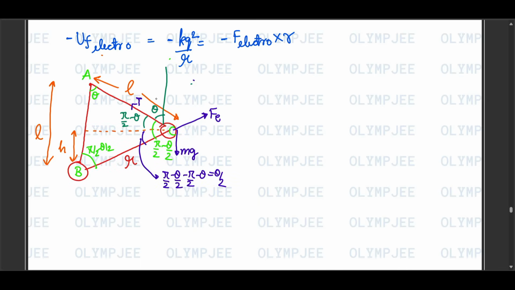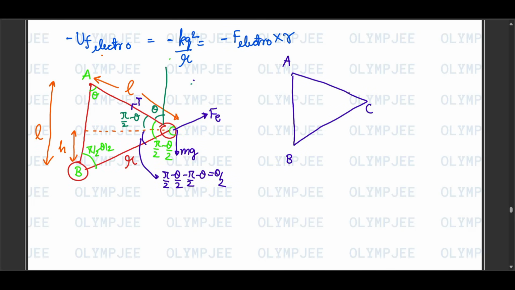So now we can either break the vectors into y and x directions and then solve, or we can use another trick of the force triangle. Since these three forces are in equilibrium, these forces must form a triangle. So let me form that triangle. So this is ABC, right?